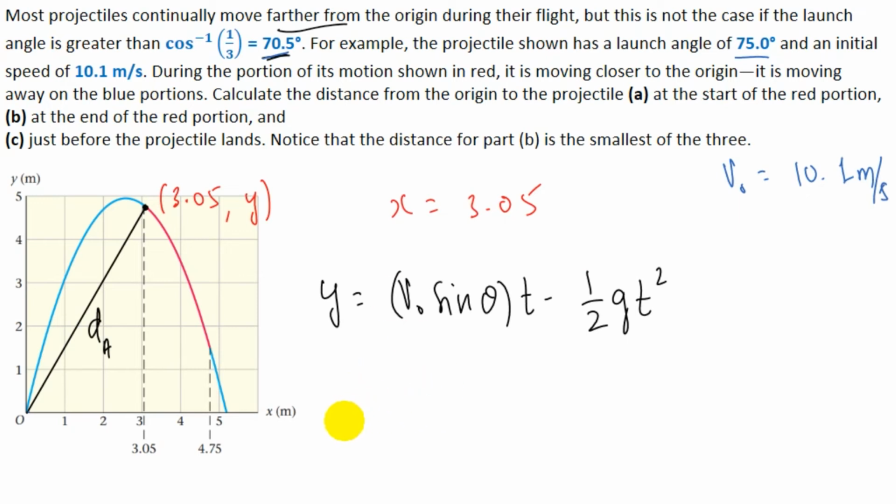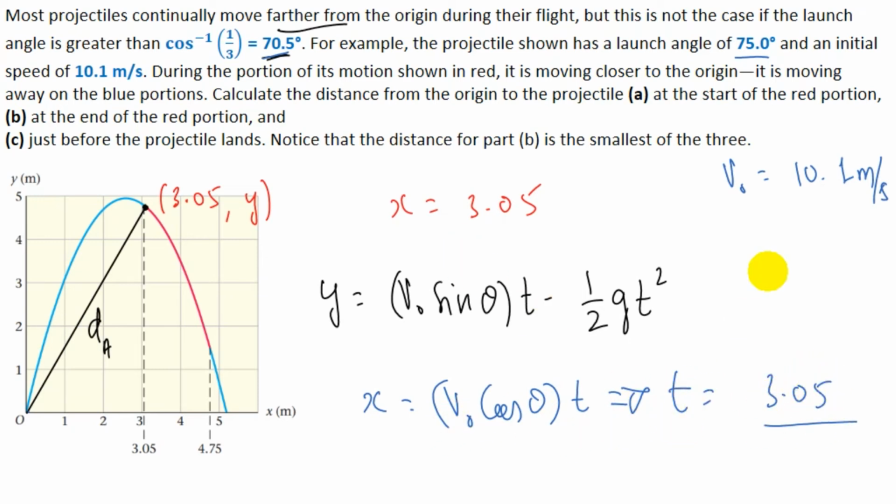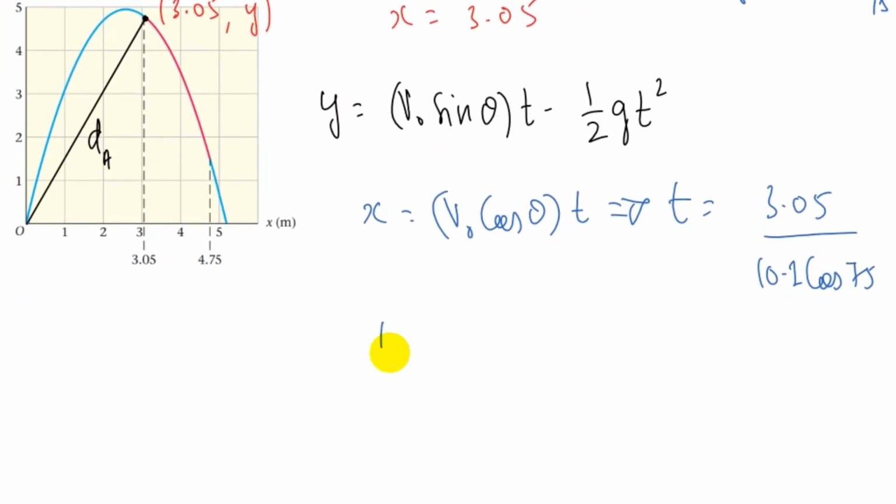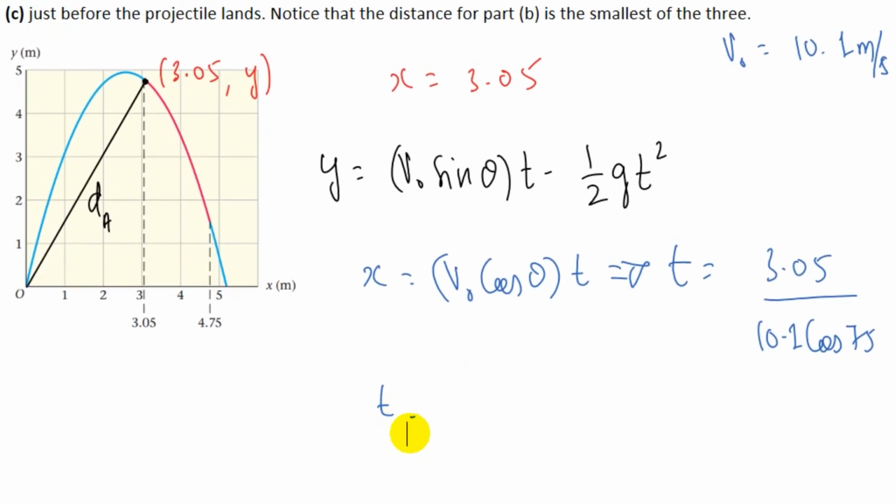And for that use this equation, x equals v0 cosine theta multiplied by t. So from here t would be x over v0 cosine theta. x we have 3.05, v0 we have 10.1, theta is 75. Now from here this t comes out to be 1.17 seconds.